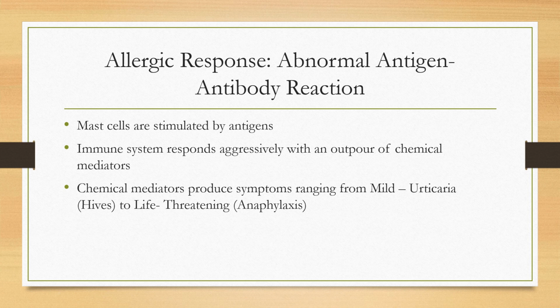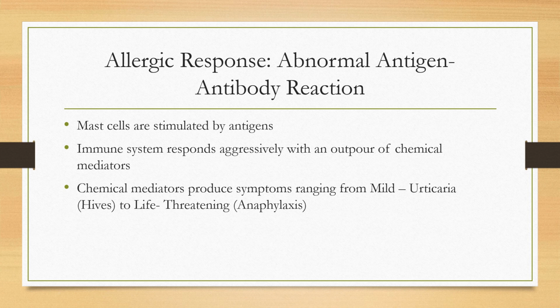In an allergic response where there is an abnormal antigen-antibody reaction, this is when the mast cells are stimulated by the antigen. So we come into contact with something that we are sensitive to or allergic to, and then these mast cells are activated. They are releasing histamine. So the immune system will respond aggressively with an outpouring of the chemical mediators, beginning with the histamine.